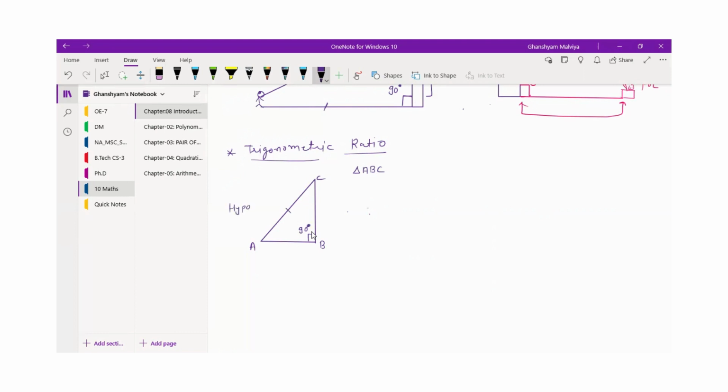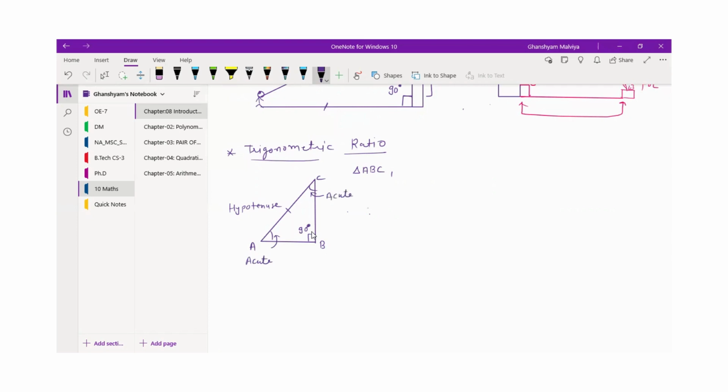If this is 90 degrees, then these two angles will be acute. Do you know what an acute angle is?